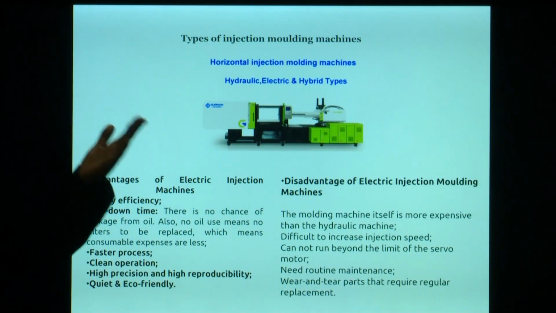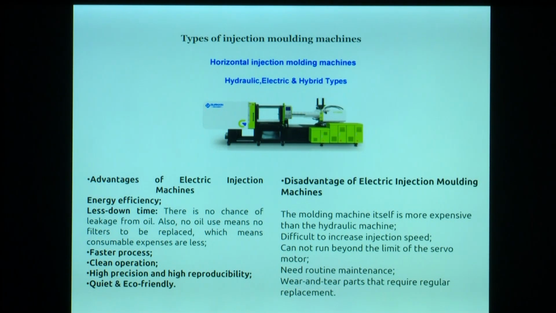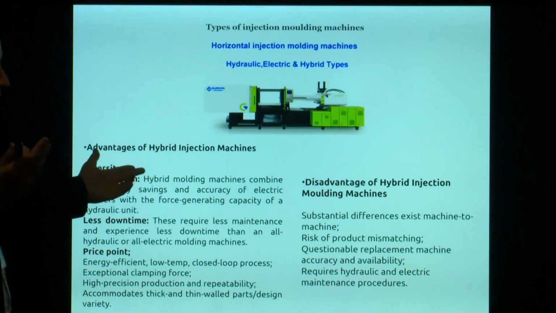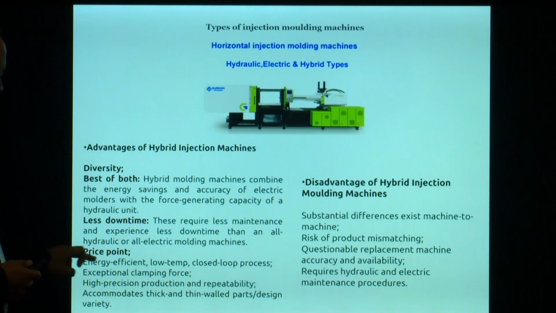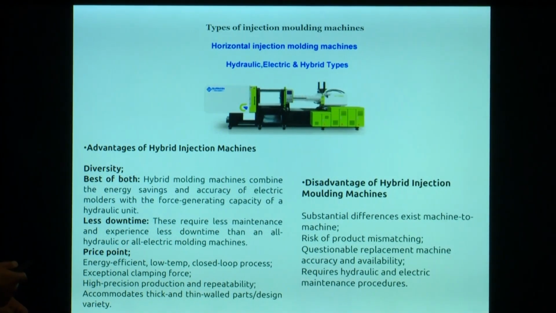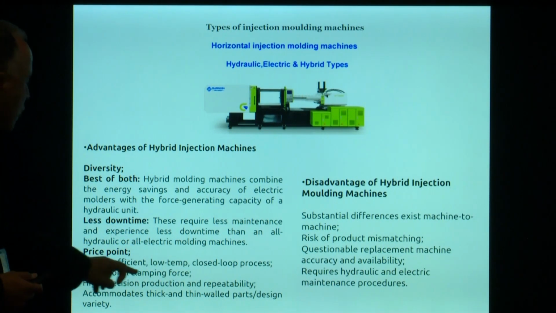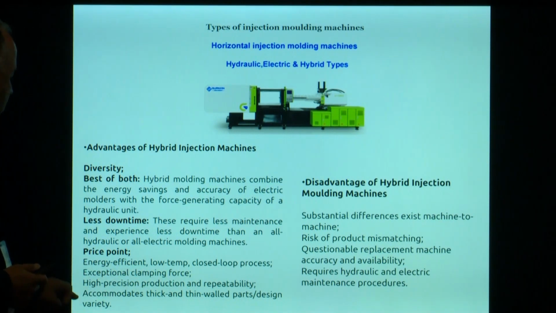And of course, we can mention advantages and disadvantages for each type of injection molding machine. I put over there, in my opinion, the most important ones. Hybrid machine, in case of advantages of the hybrid injection molding machine: diversity, best for both, and I put a little bit of comment on what best for both means, less downtime, price point, and of course energy efficiency, low temperature, closed loop process, exceptional clamping force, high precision production, accommodation of thick and thin wall parts, design variety.